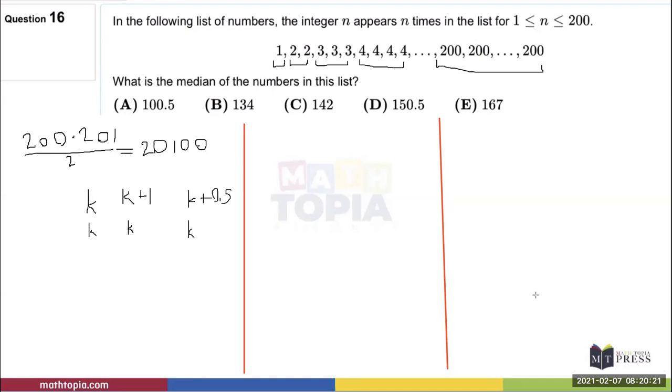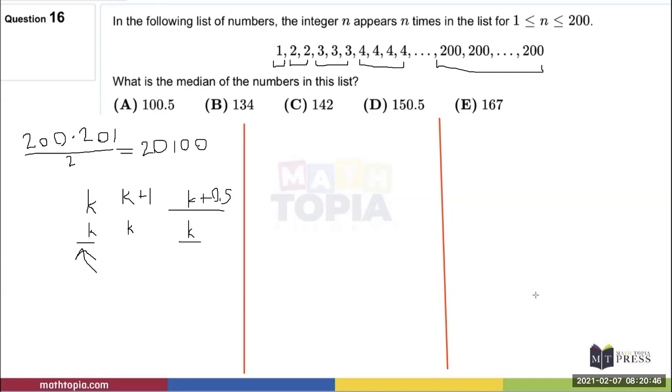If we just say the median is k and check the list of answer choices, we see that no two answer choices are only 0.5 apart. So we don't need to worry about the difference between k and k plus 0.5. We can just find k, and then go with the closest number in the list, right? So that's what we're going to do.